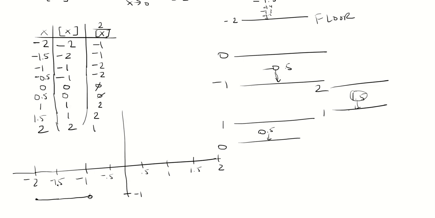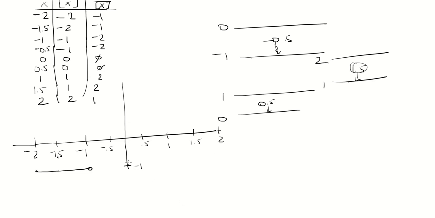At -1, it jumps down to -2. And then -0.5 is still -2 until it reaches 0.